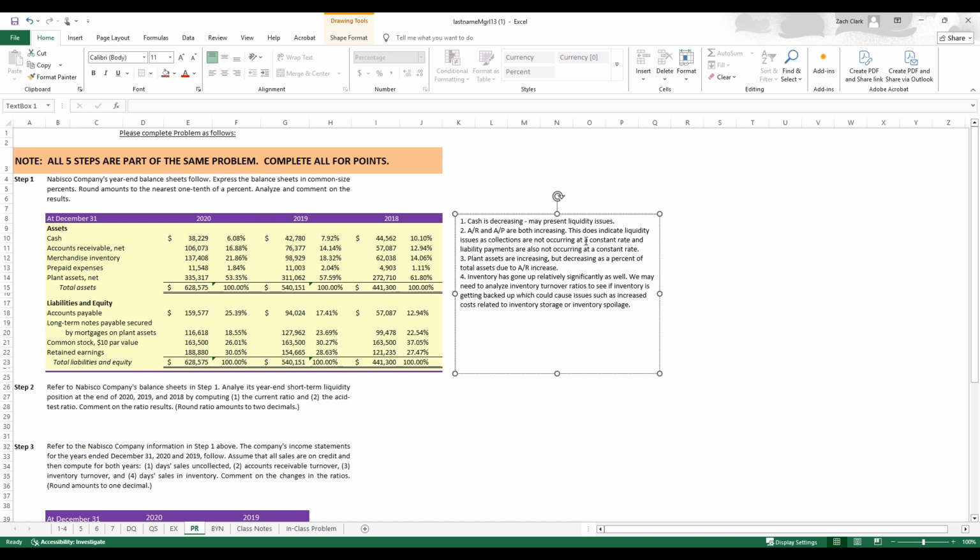Yeah, so if the inventory is sitting around too long, that might be a problem, right? Our notes payable is not going up a bunch, so we haven't had to utilize debt too significantly.